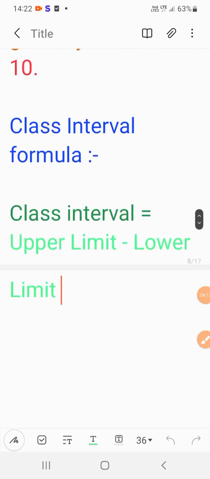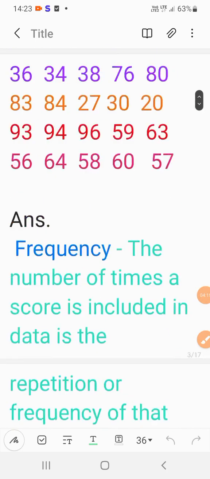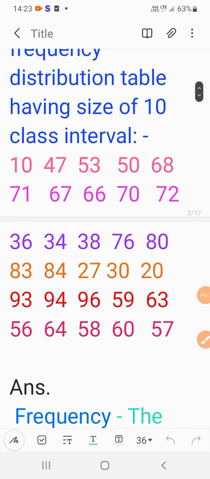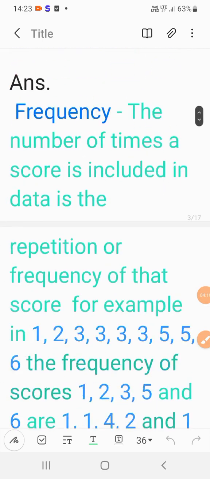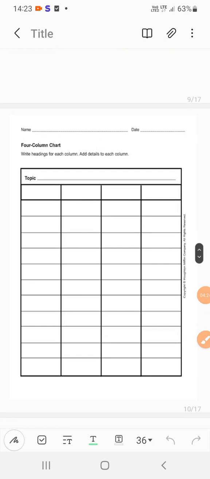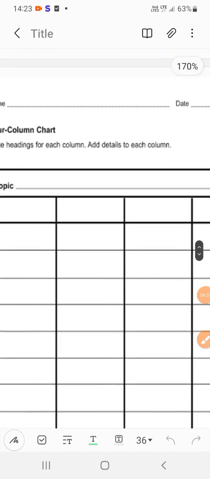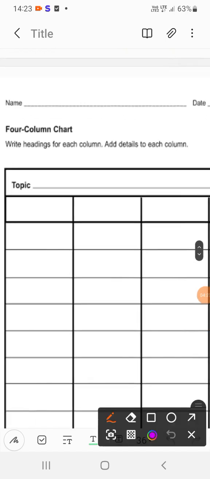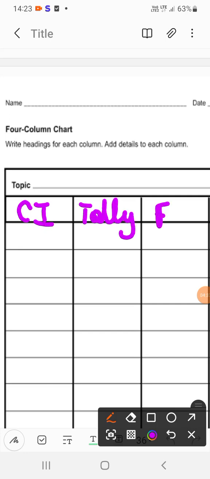And now we will solve the question. While solving this type of question, we will make a table, and first of all we will write class interval, then tally, and then frequency.